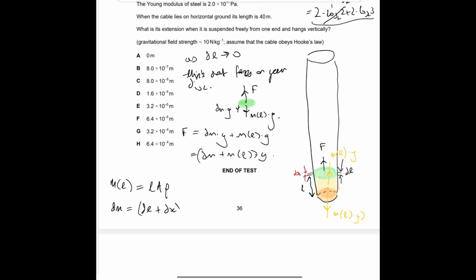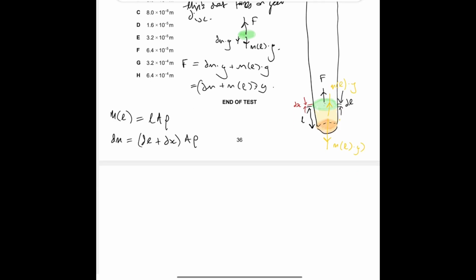It doesn't really matter, we could just write dl as well and pretend that the extended part has no mass. These are some very strange assumptions, but anyway, we'll include that as well, times rho. So what we end up getting is F equals dl plus dx plus L times A rho g.